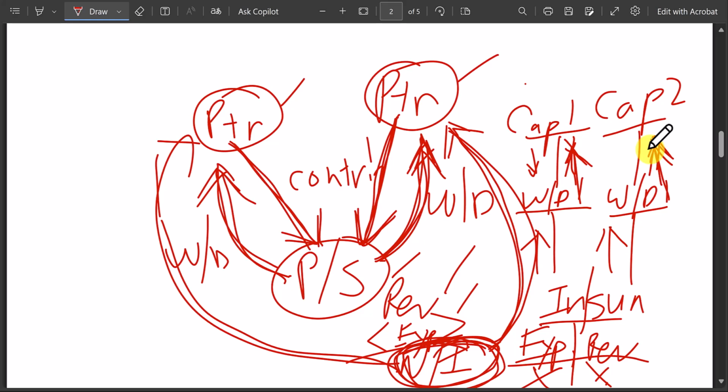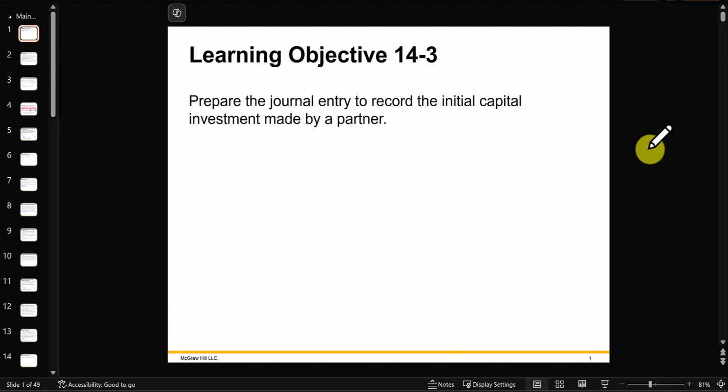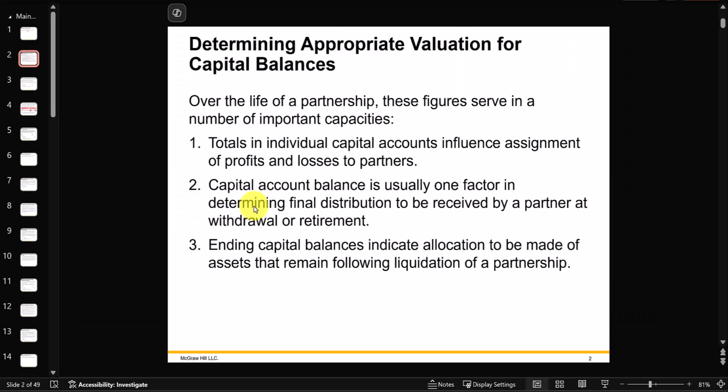So let's go back to our slideshow here. The first journal entry we're going to see is partners contributing assets into the partnership. Let's take a look at an example.